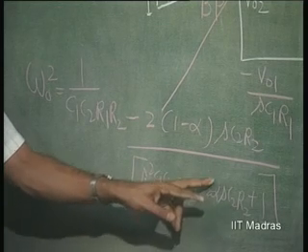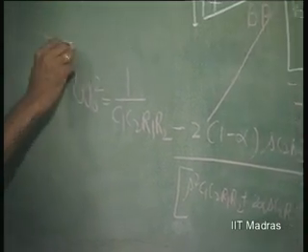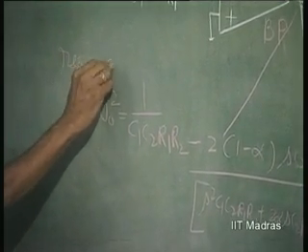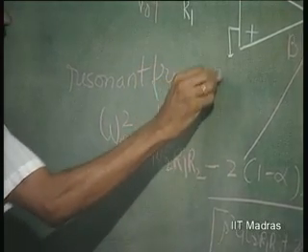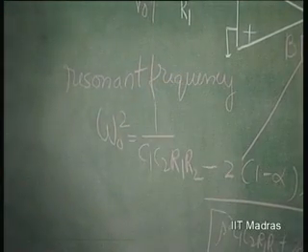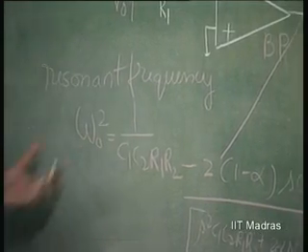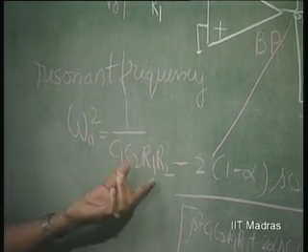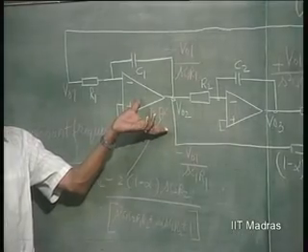So, this depends upon 2 alpha. If alpha is very small, this goes to a peak. This is called resonant frequency. So, it becomes a peak at omega naught squared equal to 1 over C1 C2 R1 R2. That is the band pass transfer function.